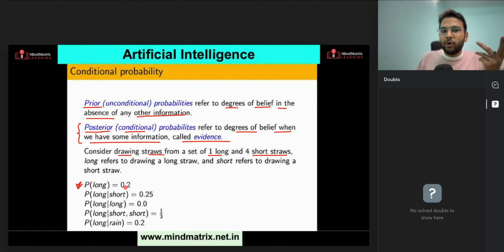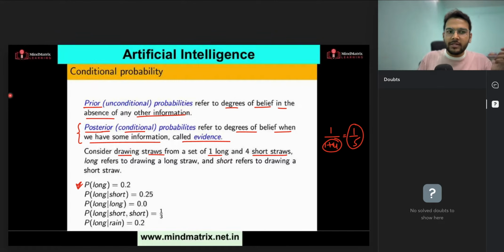How are we finding it 0.2? Probability of long is nothing but 1 by 1 plus 4, that means the total sample space. So it is 1 by 5, which is 0.2, right? Simple stuff. Similarly, now if I find the probability of long given that short has already occurred, meaning in the previous attempt we have already drawn a short straw, what will be the probability in that case?